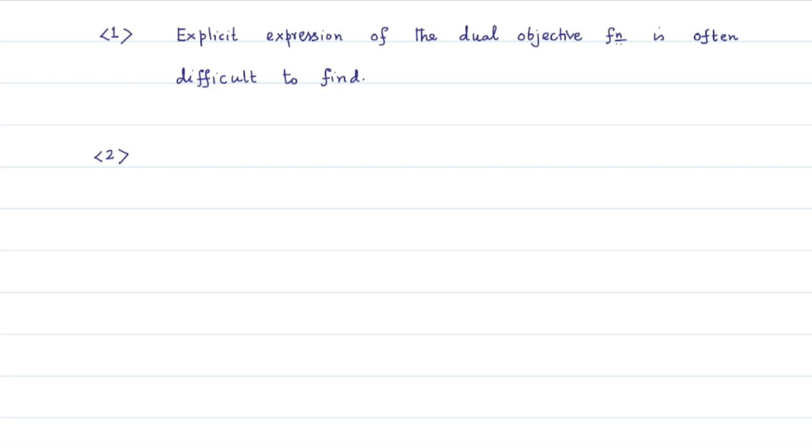And finding an optimum point for a non-differentiable objective function is a difficult task, and therefore identification of a solution to the dual problem is not an easy task. So I write out here that the dual objective function may not be differentiable if the primal problem is a smooth optimization problem.